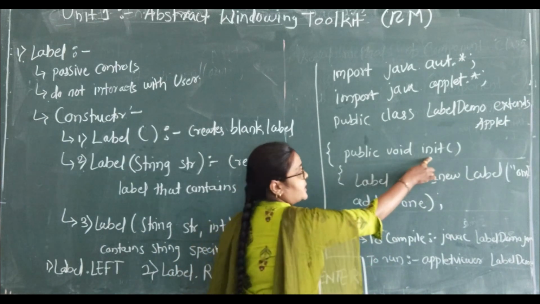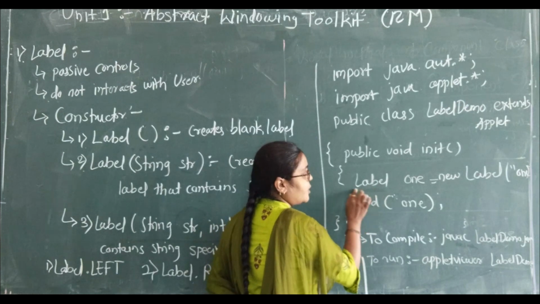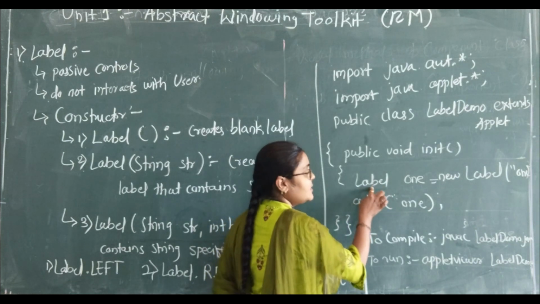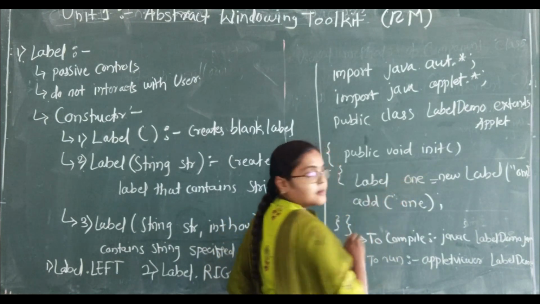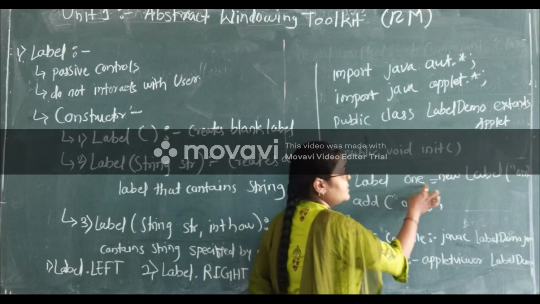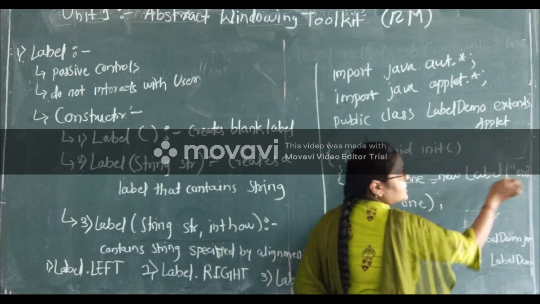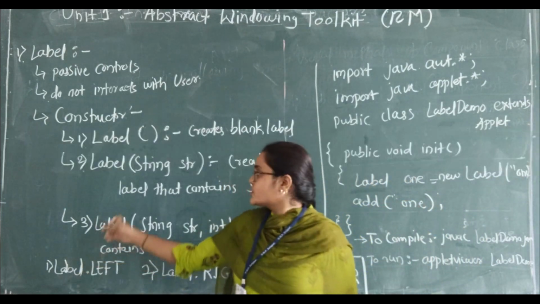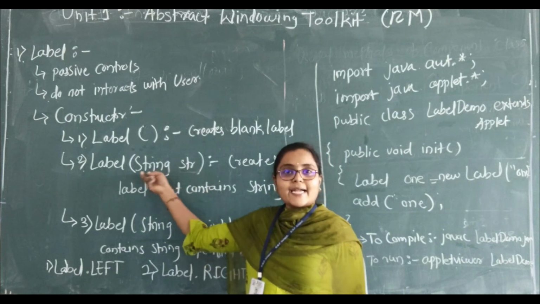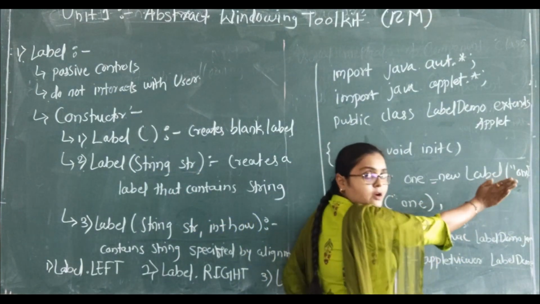In the init method, how to create a label? First, write down the class Label, and create the object l. Here my object name is l equal to new Label, passing some string. Here I am going to use the second constructor. I am going to define the label with string l.